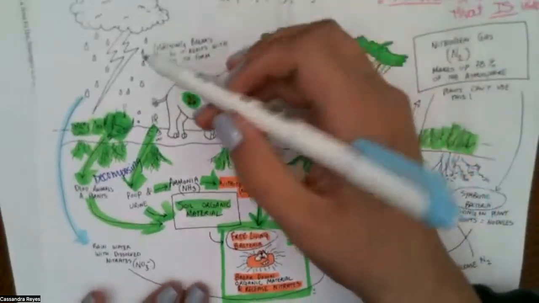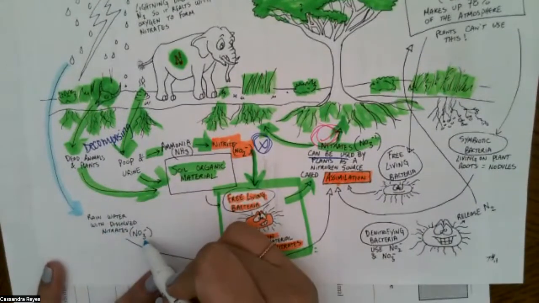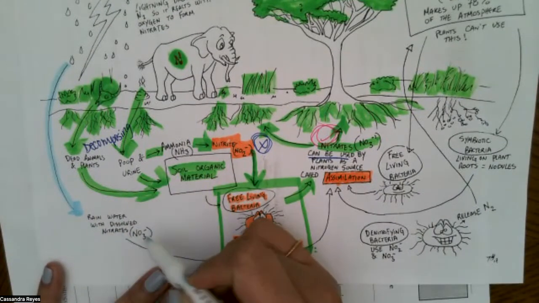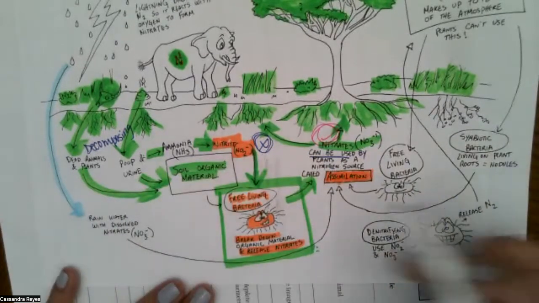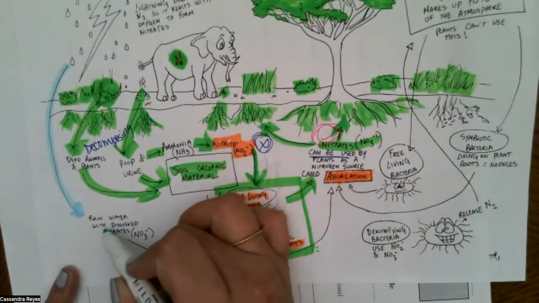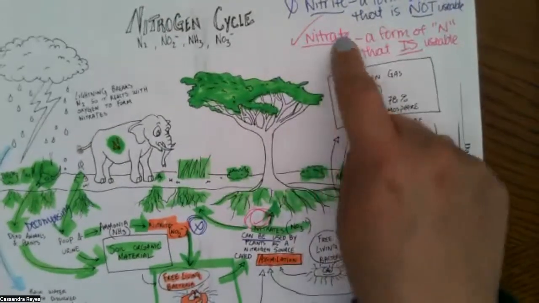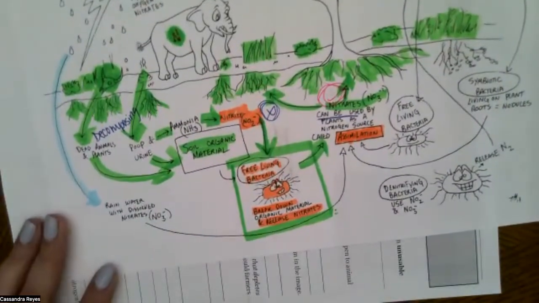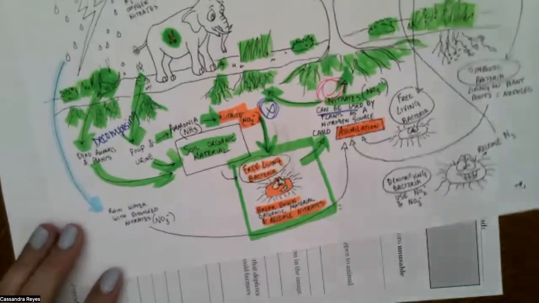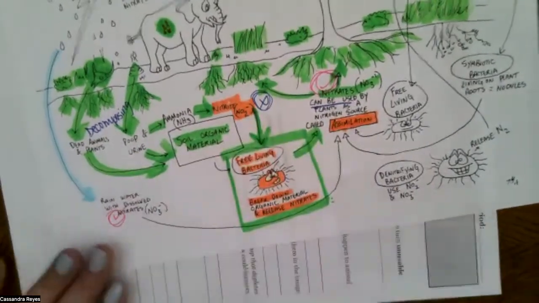All right, anyways, what we have over here is lightning striking our ground. And what's going to happen is rainwater is going to be dissolved with nitrates, and that is once again going to become a part of the soil that's down here. Now, nitrates, remember, nitrates are usable. We like these nitrates. This is our usable form of nitrates.